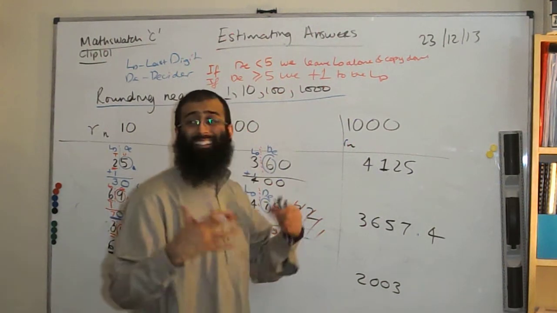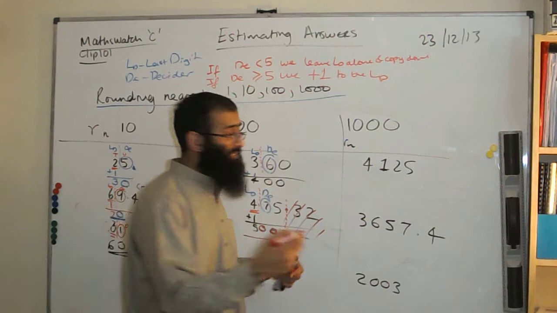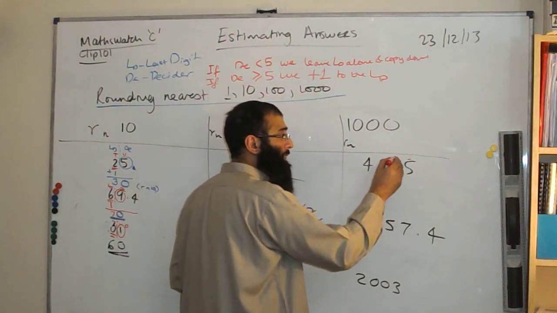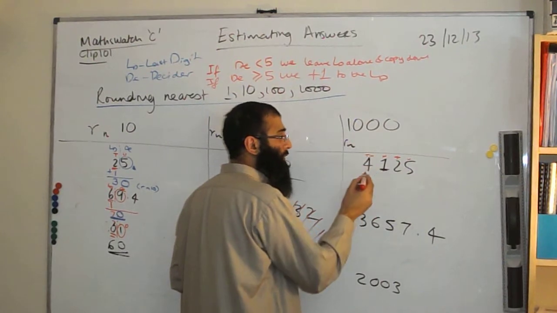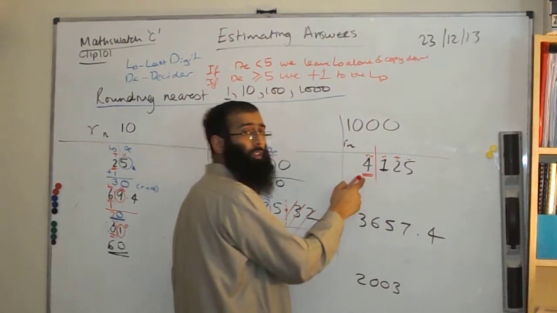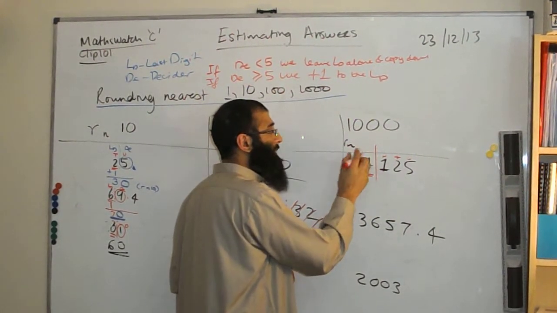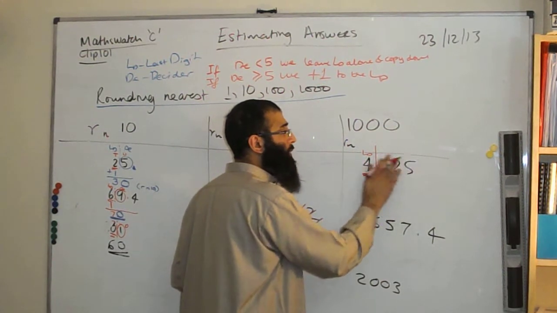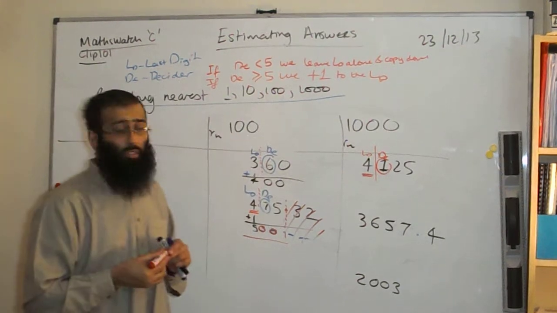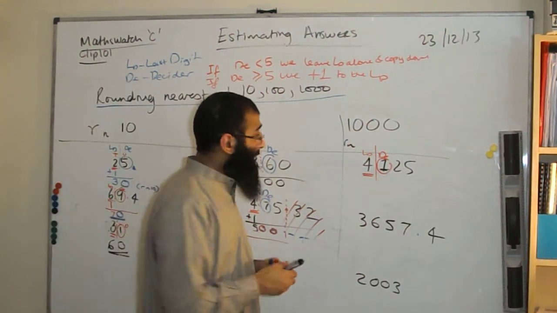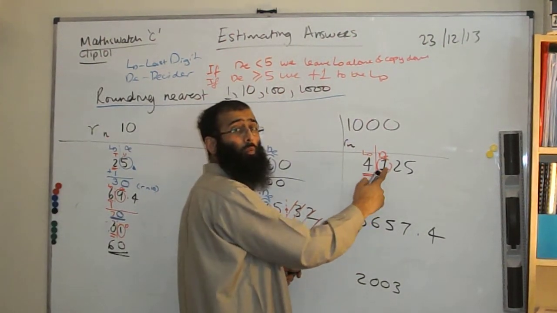4,125, we need to round to the nearest 1,000. We need to find the thousands place value. So, units, tens, hundreds, thousands. We're looking at this figure here. That's going to be called our last digit, and the next one is going to be called the decider. In this particular question, the decider is 1.